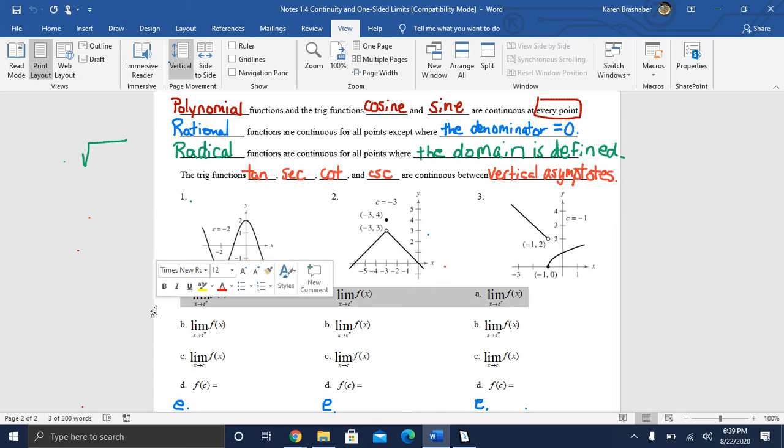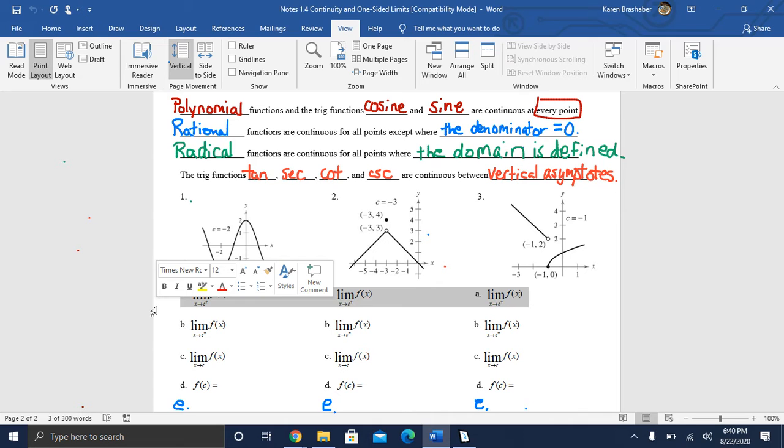For even root functions, particularly square roots that you'll be looking at, remember that negative numbers cannot be in the radicand. You can't do the square root of a negative number within the real number system. So you have to pay attention to where the domain is defined for radical functions.